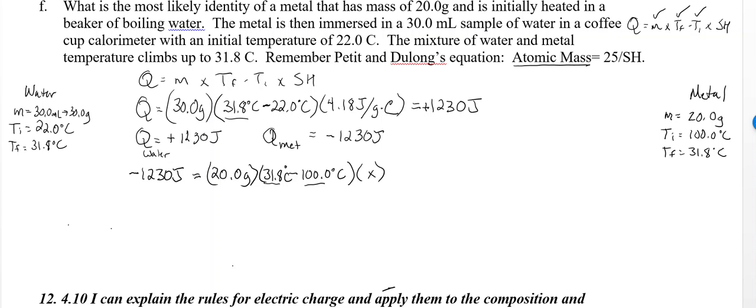We're going to do many of these, and if it doesn't give you a decimal, you've done it wrong. Petit and Dulong's equation only works with metals, and metals on the periodic table have a specific heat that is always below 1. So that's a quick check for yourself. If you do the algebra and the number comes out greater than 1, you've done it wrong.